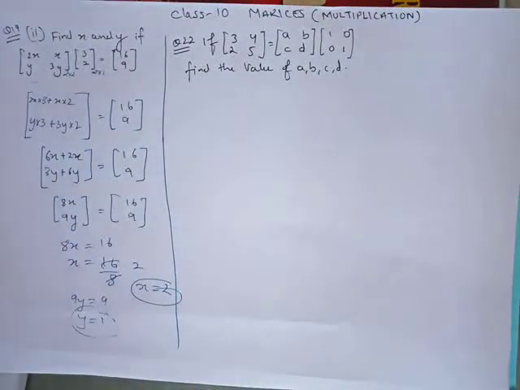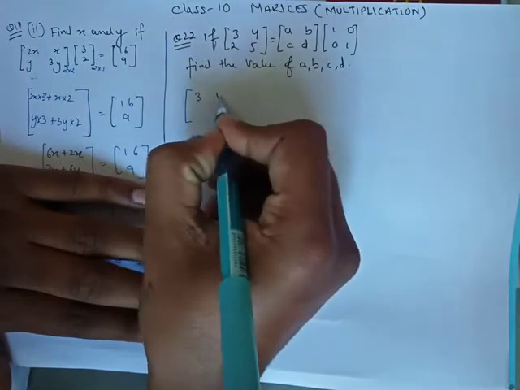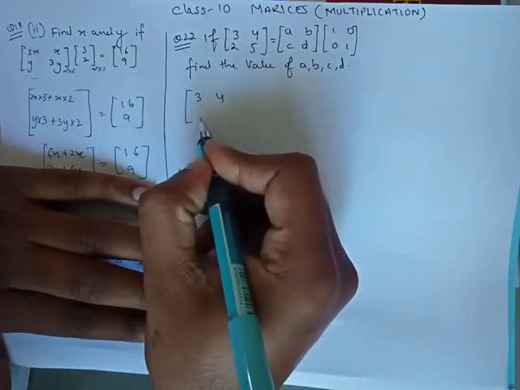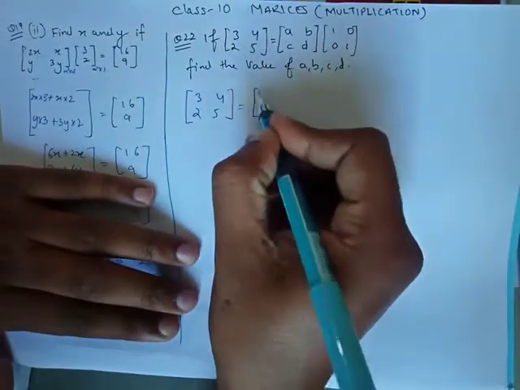So what do you think you can do in this? You can multiply, right? Wherever you can see a multiplication of two matrices, you can simply multiply, and the left hand side is going to stay the same, 3 4 and 2 and 5, it's going to remain like this, and this is going to get multiplied.